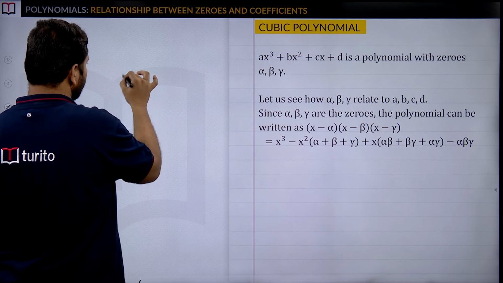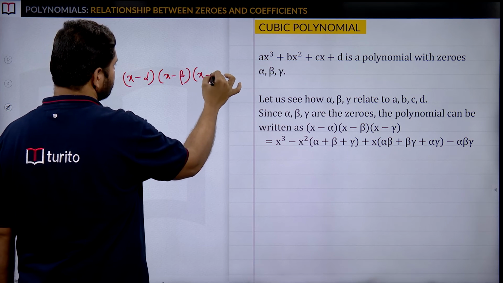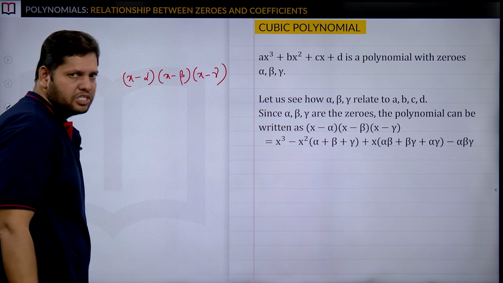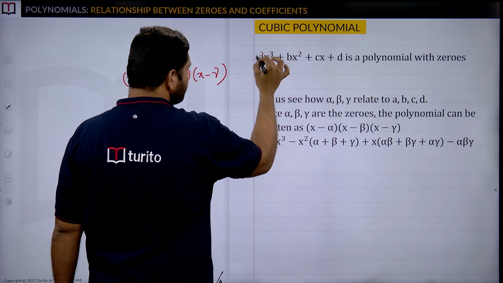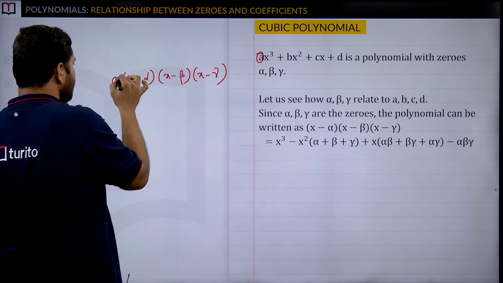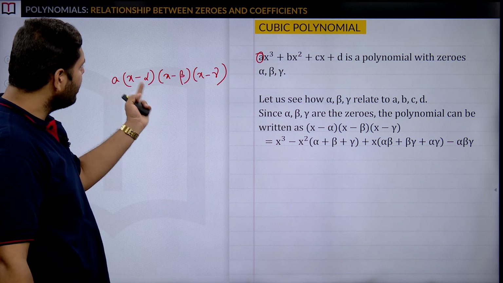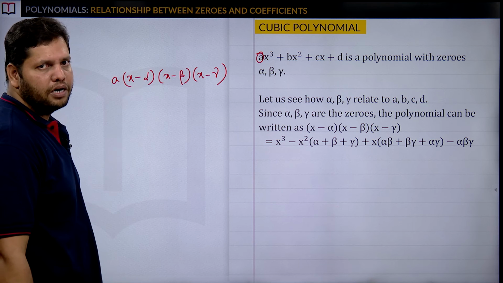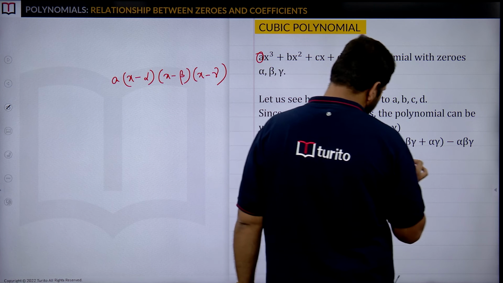We can write it as x minus alpha, x minus beta, and x minus gamma. It is a factorization. But we are missing the x square coefficient. Here what is the x square coefficient? a is the x square coefficient, so we can write it as a into x minus alpha, x minus beta, and x minus gamma. When you do this multiplication, you will get the expression like this, children.